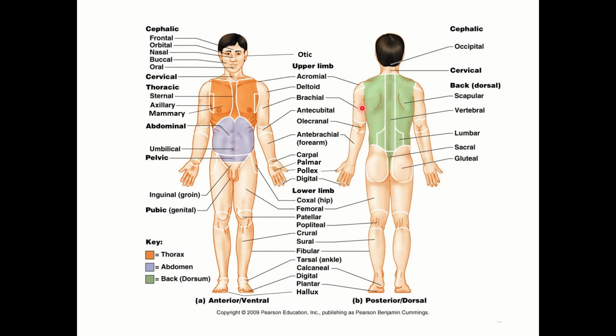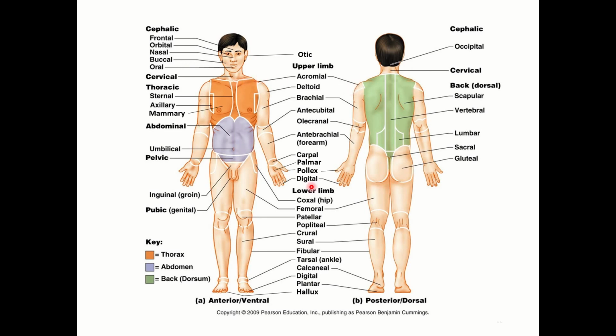Thus, the appendicular for the upper limb contains the regions of the upper arm as well as what is called the pectoral girdle. And this supports the movement of the upper arm and includes the scapula and the collarbones or clavicles.